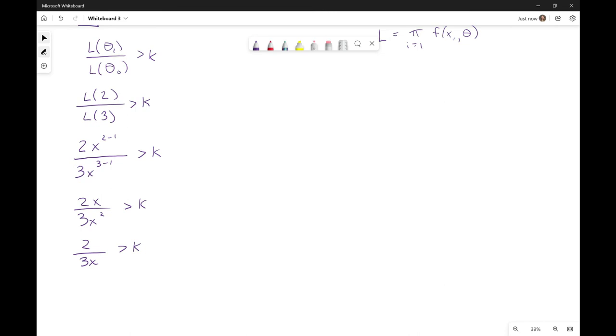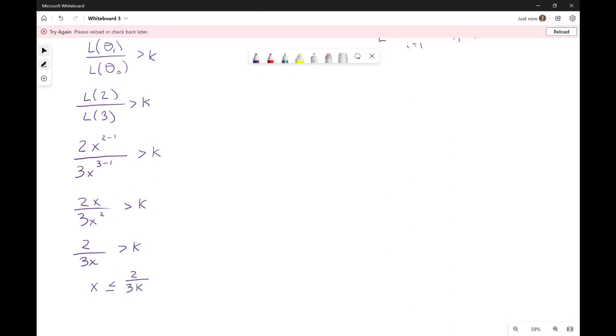In order to get that into the form of x, we manipulate it, and that gives us x is less than or equal to 2 over 3k. We are going to allow this to represent K star.